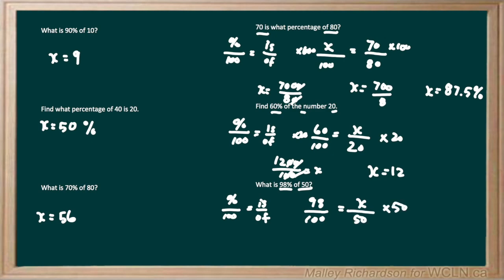Then multiply both sides by 50 to get the x by itself. And we're left with 50 times 98, which is 4,900, all over 100, equals x. These zeros can cancel out on the top and bottom, and we're left with 49 over 1 equals x, which is the same as x equals 49. So we know that 49 is 98% of 50.